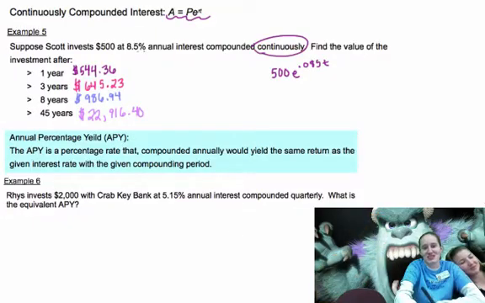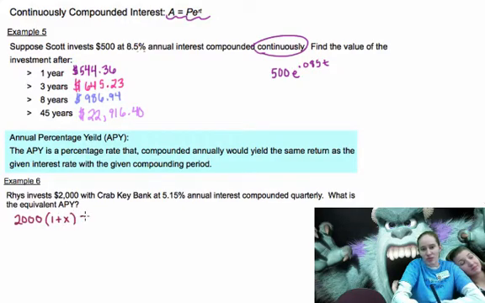Okay, annual percentage yield, sorry, that's misspelled, is the percentage rate that if you compounded annually would yield the same return as the given interest rate with the given compounding period. So that sounds kind of complicated, but basically what we want to do when we find the annual percentage yield is we're talking about if we have that $2,000 that we're investing, what will happen after a year?